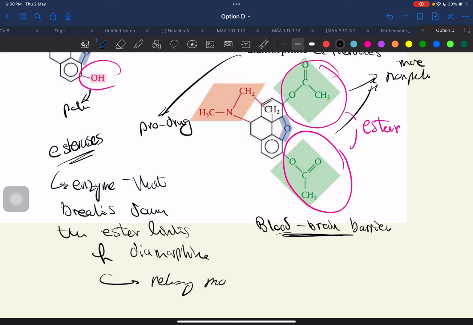So it is kind of a packaging for morphine, but because it is more nonpolar, it allows that morphine to reach its target more efficiently.